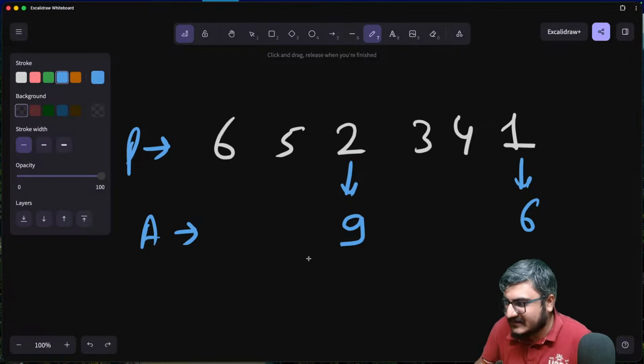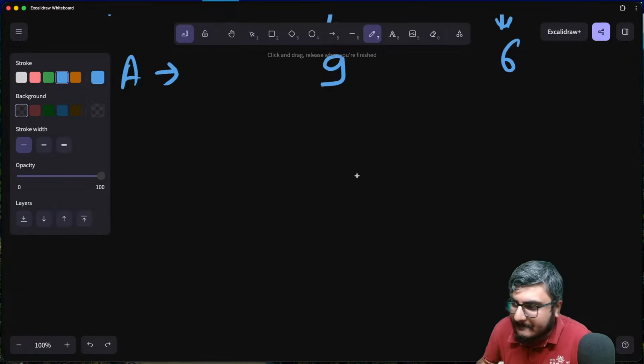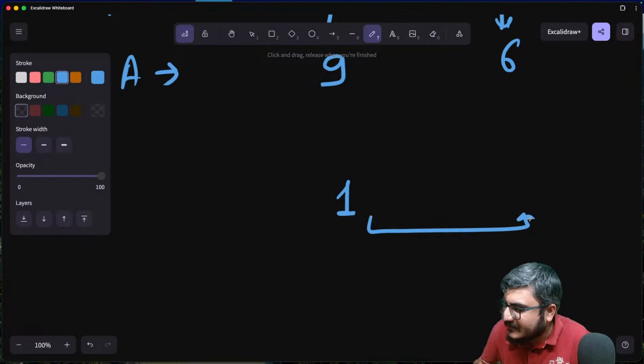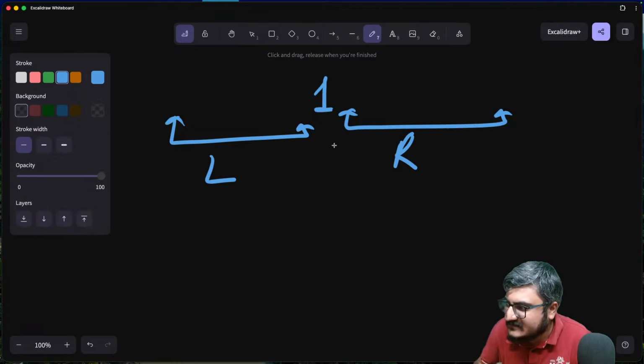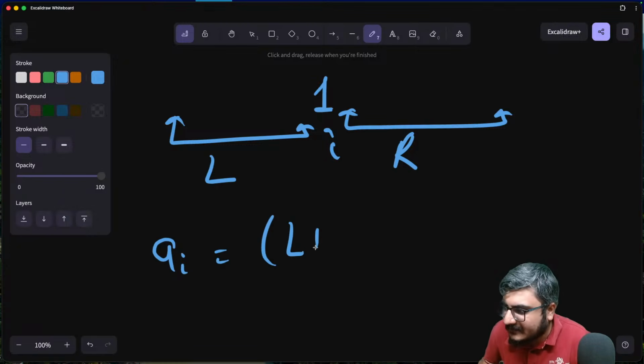Another way to put it is like this. Let's say we have 1 here. We have R elements on this side, we have L elements on this side, and this is index I, for example. Then A_I would be equal to (L plus 1) into (R plus 1).